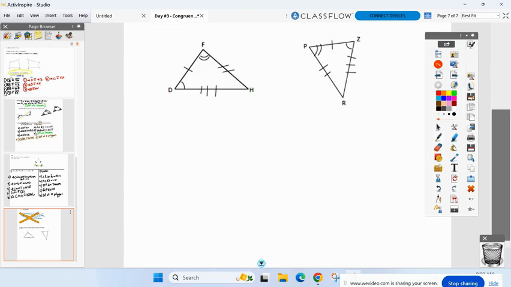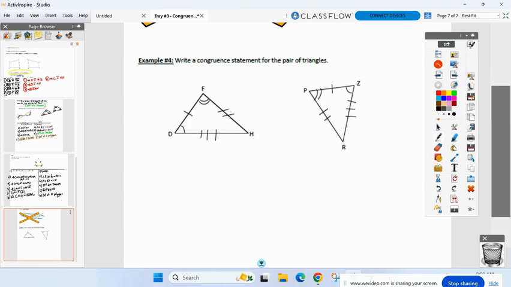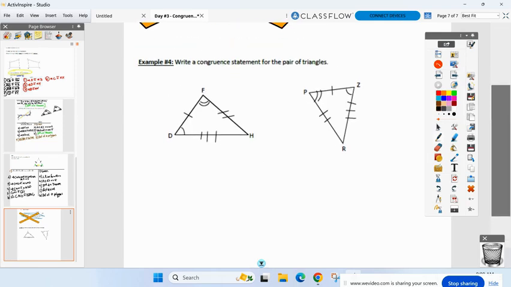All right, final one here. Write a congruent statement. Triangle so-and-so congruent to triangle so-and-so here. Wait a sec. Maybe you guys can help. I'm having an issue here. I see all 3 pairs of sides are equal, and I see 2 pairs of angles are equal.